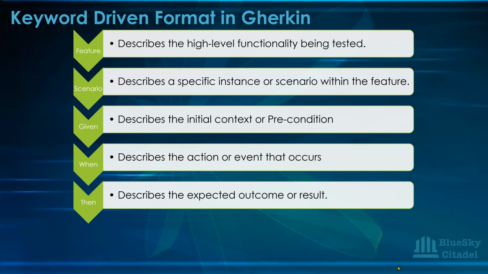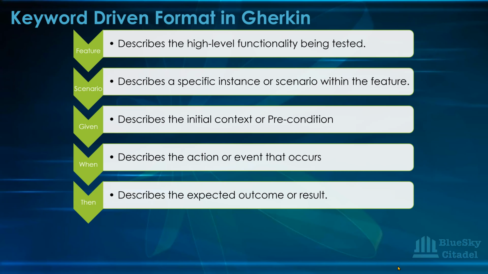The given sets the stage for the scenario, which is the precondition for the scenario. The when sets the action or the event that needs to occur within that scenario. And the then describes the end result expected for that scenario. It's like the end, full stop, the end state of the scenario.